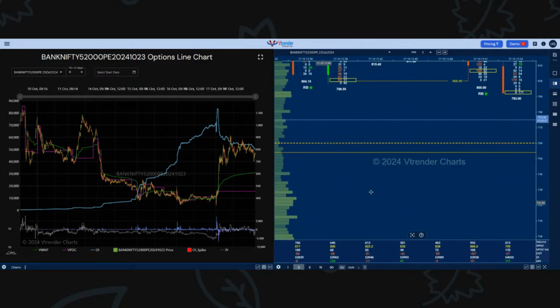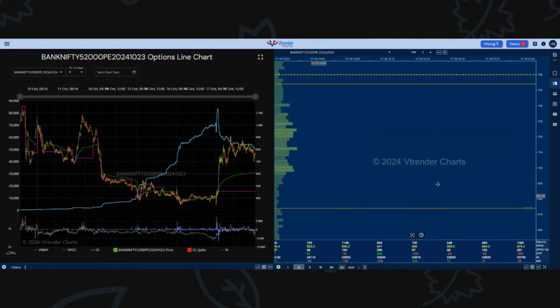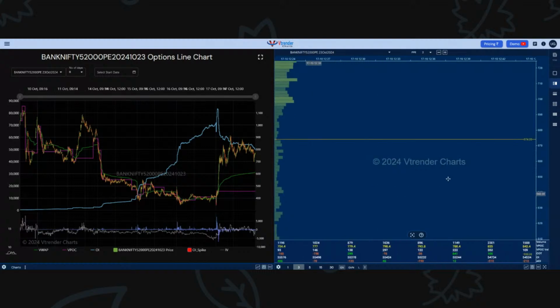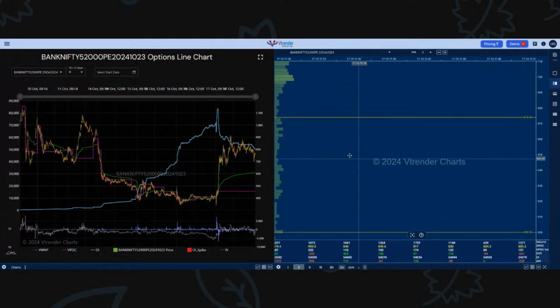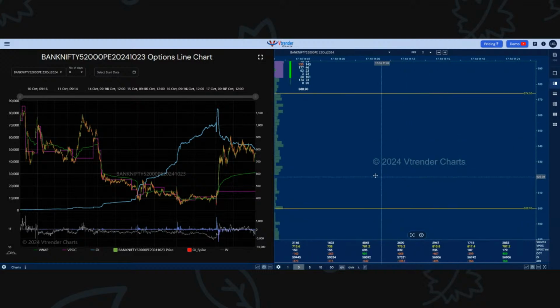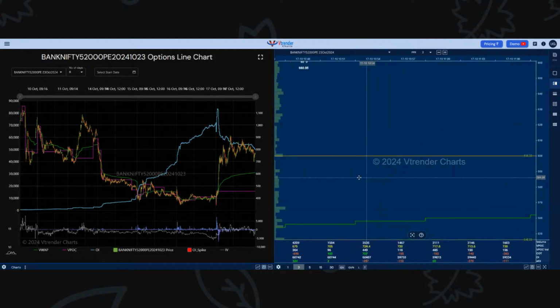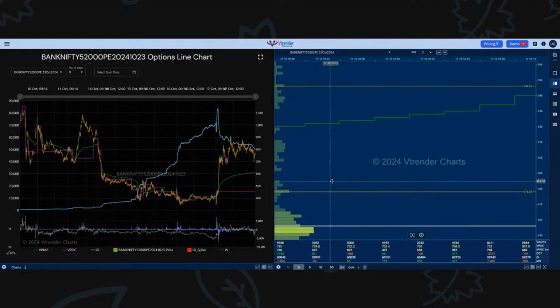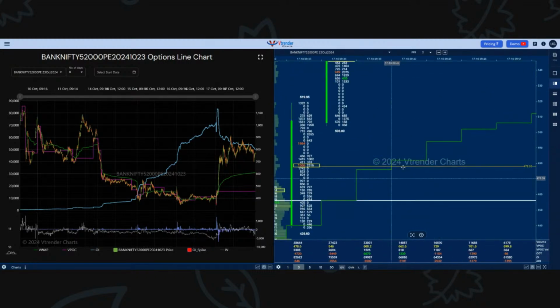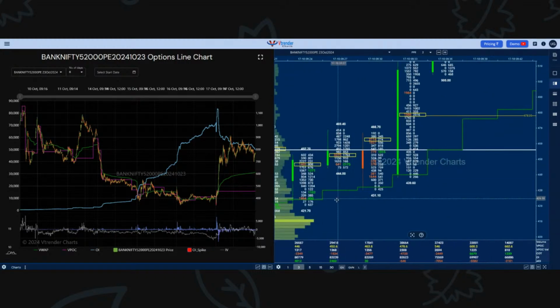So one thing, as I mentioned, we need to keep the previous day's VWAP and POC as a reference for the open, and then see what the open type is doing there. The open type is the first 15 minutes, and if we are sustaining above the previous VWAP and POC, we know that that option can give us more upside, and the higher POCs and VPOCs would be our objectives.